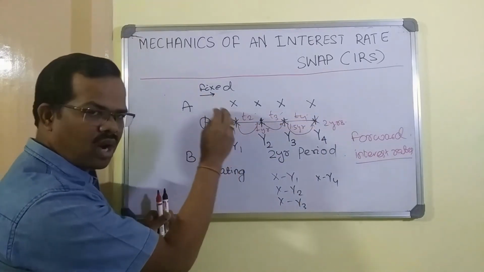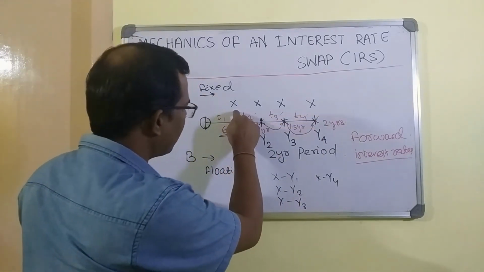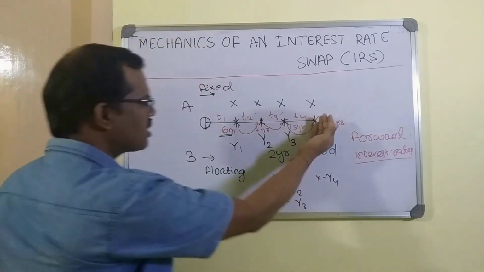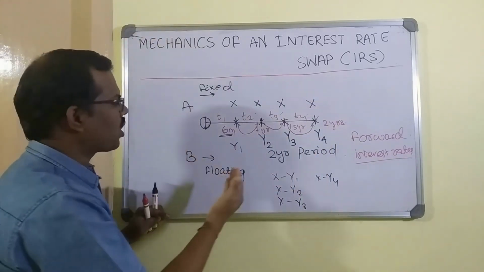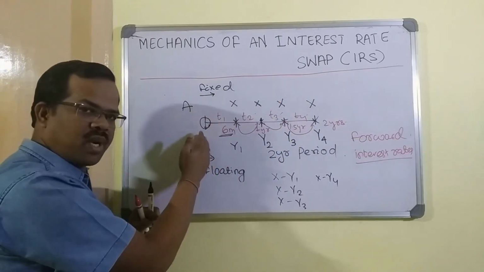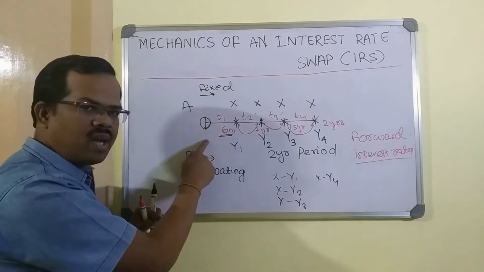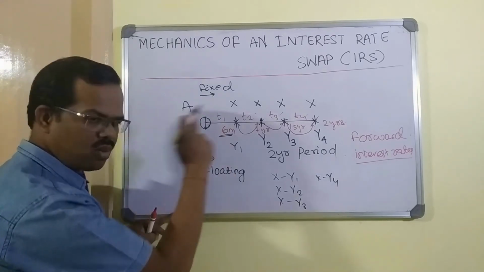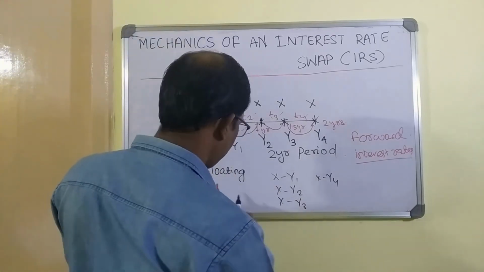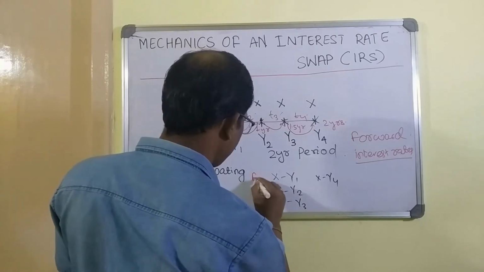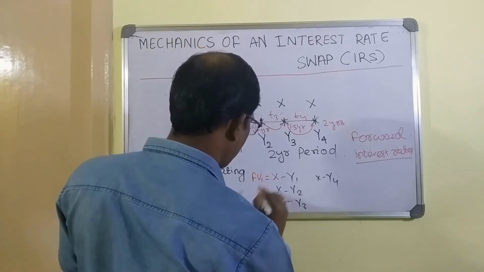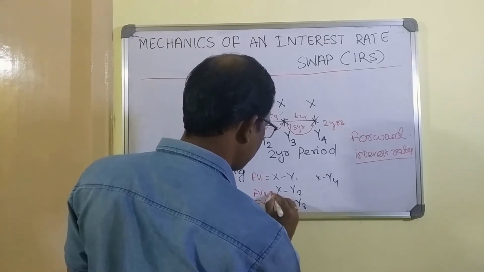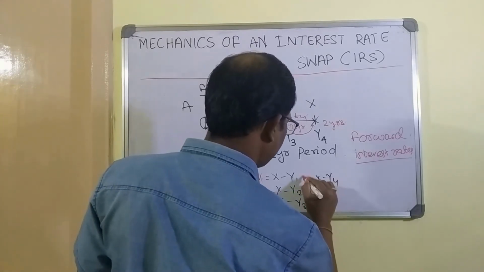Now once you find the settlement amounts at every point in time, you have to discount them to the present time, that is, find the time value of money. So these are all future values, say future value 1, future value 2, future value 3 and future value 4.